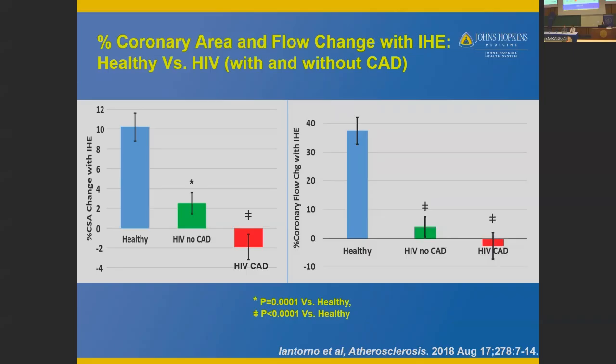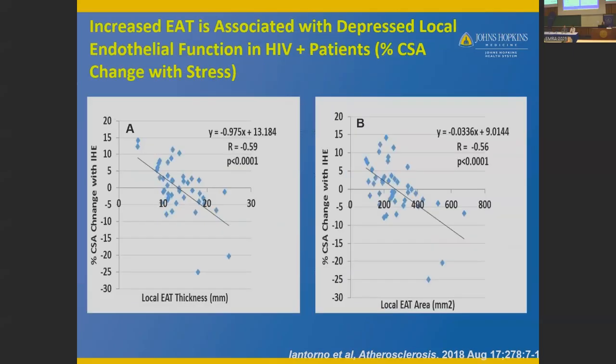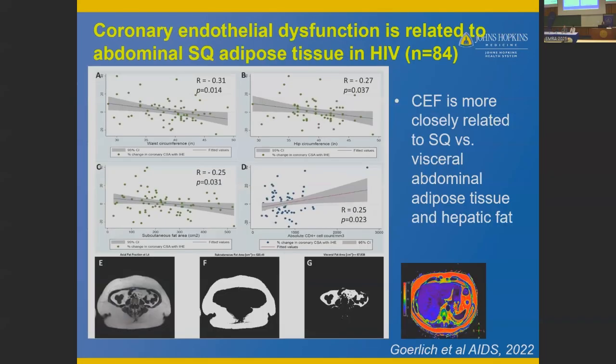And we also found the same thing using coronary flow. And then when we compared epicardial adipose tissue to percent CSA, there was a very strong inverse relationship. So the more metabolically active fat surrounding the coronary, the worse the endothelial function. We were also interested in other visceral stores, so we simultaneously looked at liver fat, visceral fat, and other stores.